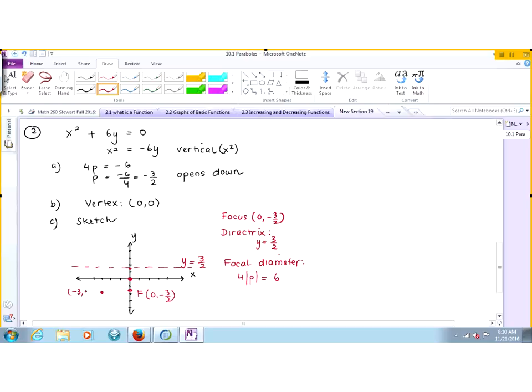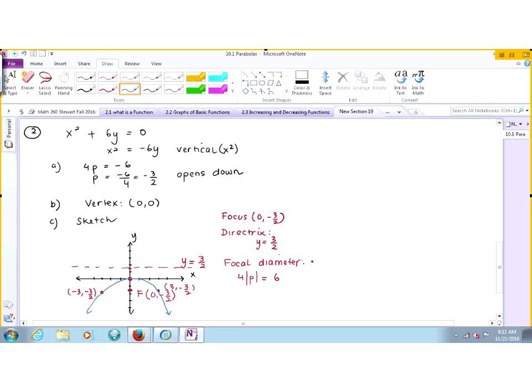So this is negative 3, comma, negative 3 over 2. And when I go 3 right, I get this point. So this is 3, comma, negative 3 over 2. All right, then there you go. I'm done with my parabola. That's my parabola. Doable? Yes.